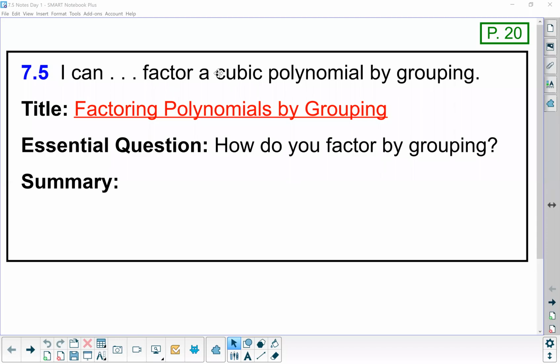All right, so here's Thursday's lesson, 7.5, factoring polynomials by grouping. And for those of you that were in class on the early release day Friday, a lot of what we do today is going to be very familiar. So we are starting on page 20 in your packets.